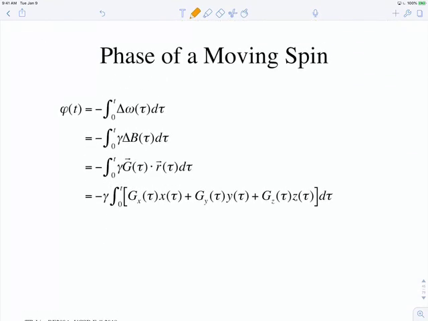So let's take a look at the expression for the phase of a moving spin. So once again, we have that phase is simply the integral of how much incremental frequency we have. That's just given by gamma times the delta B field. And as we talked about in imaging, that's just gamma times the dot product of the gradient with the position vector.